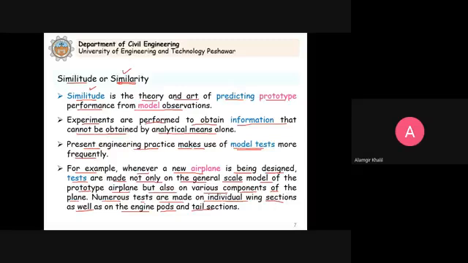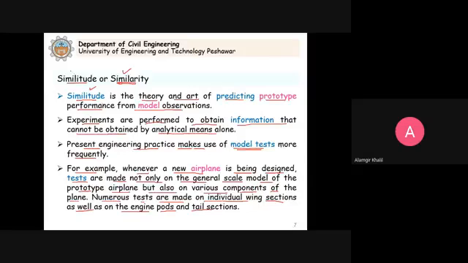This is just one example, the example of the Tarbela Dam. So we want to conduct tests on models and then transfer the results to the prototype. This way we can evaluate the design parameters and it can help to improve our designs.